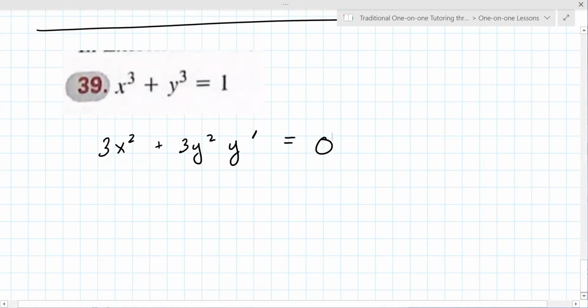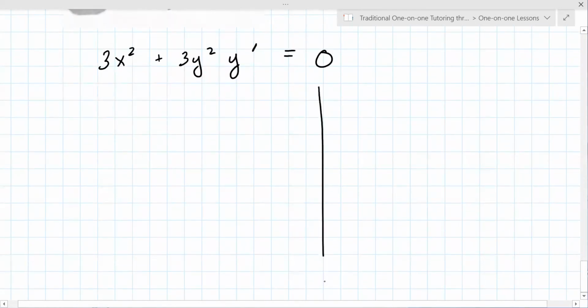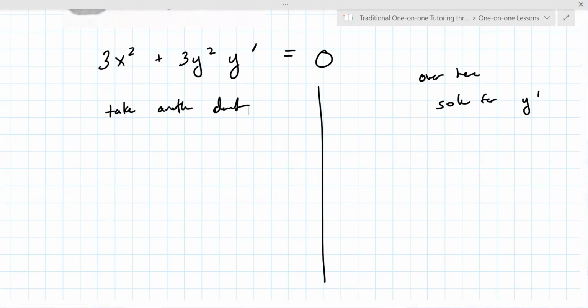So normally you would solve for y prime, and you will. Like over here, you're going to solve for y prime, but over here on the left, you're going to take another derivative. Wait, so is it asking for the second derivative? It is. Yeah, I'm sorry, I should have mentioned that. Yes, you're taking another derivative because you're trying to find the second derivative.